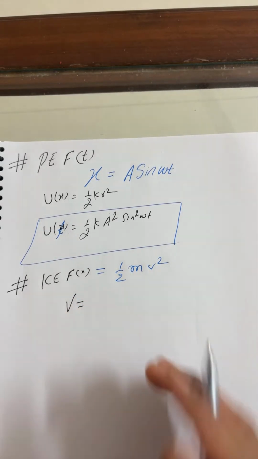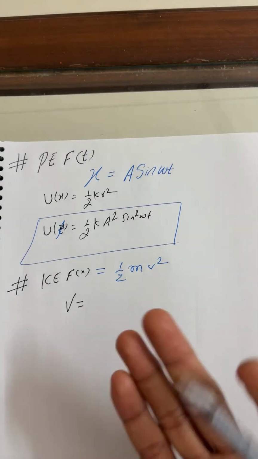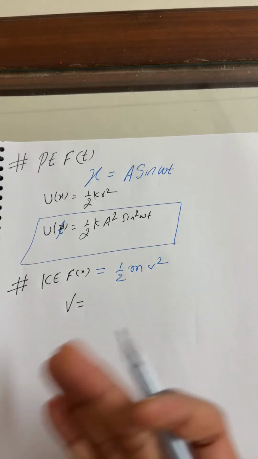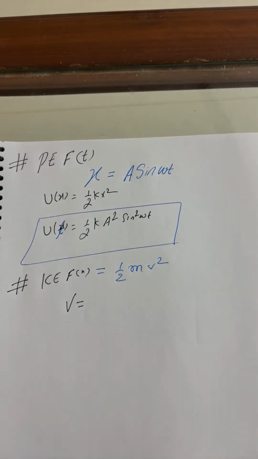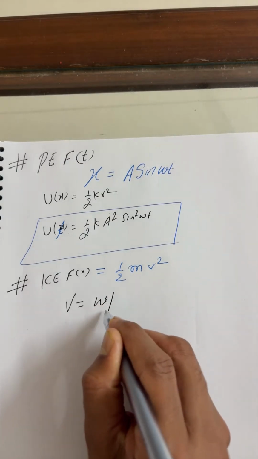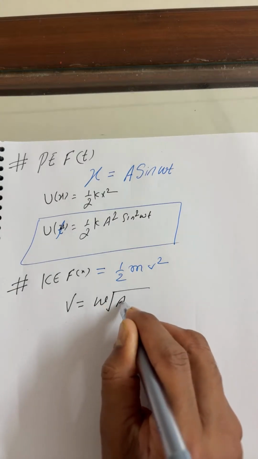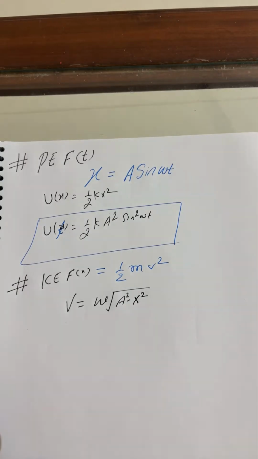If you want to enhance your knowledge of how it came, you can go and watch lecture one of oscillation. So v is omega root over a squared minus x squared.